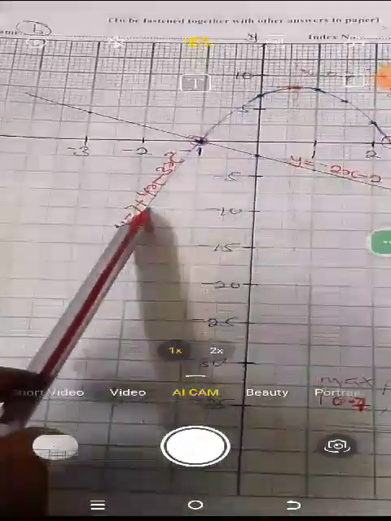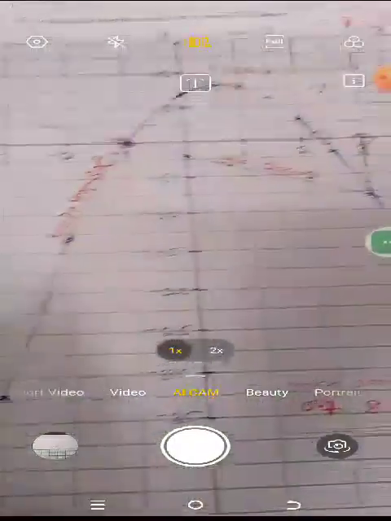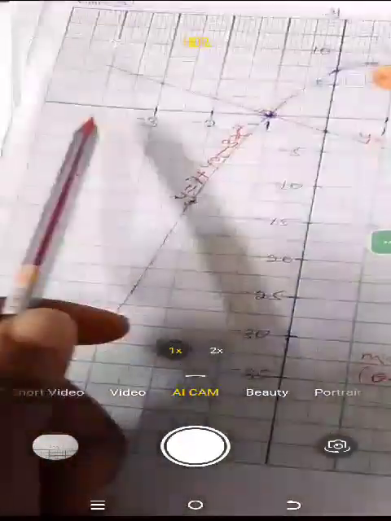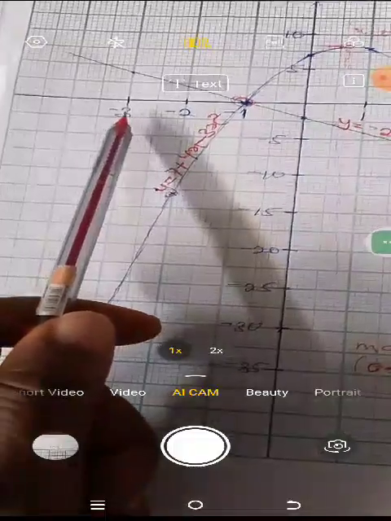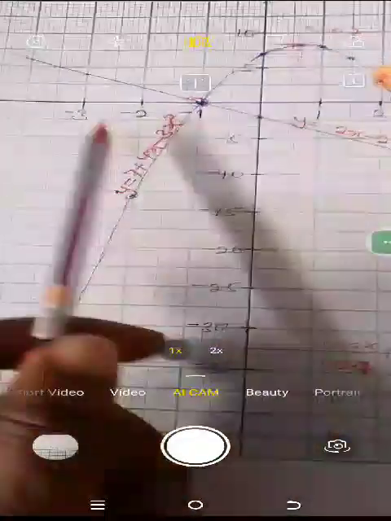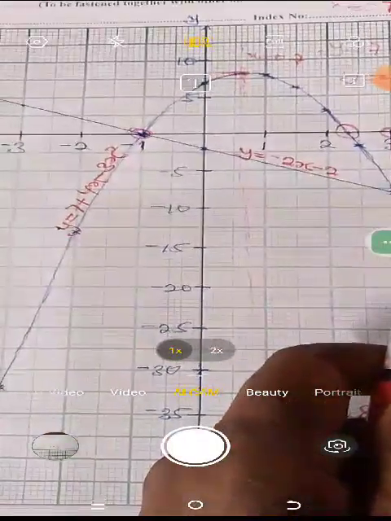So when this question is asked, we are moving from the x values from here. That means the x is increasing. That means from -3 to the last one here, x is increasing. Now, from down here, y is also increasing.